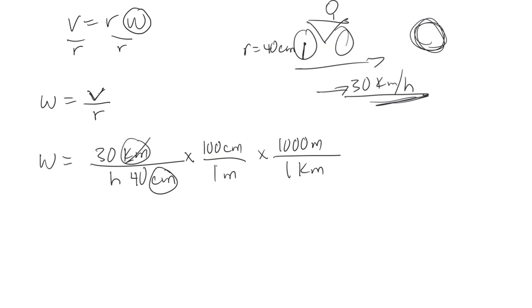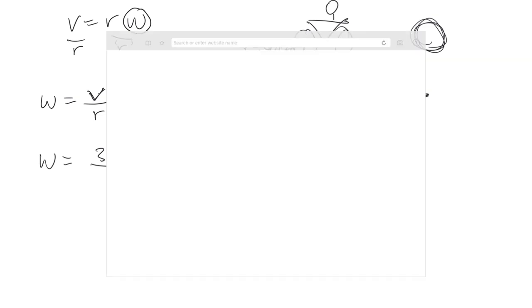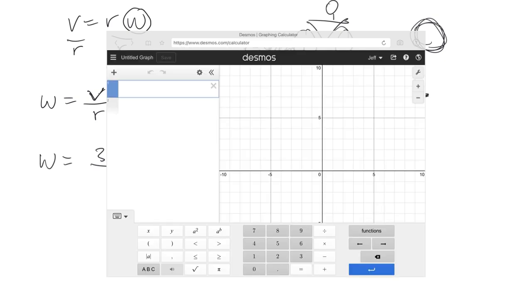Okay, so that cancels out my kilometers. Then I'd multiply all that stuff, top stuff, divided by 40. Let me do that quick.